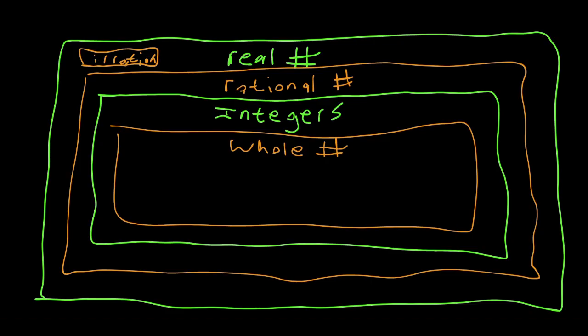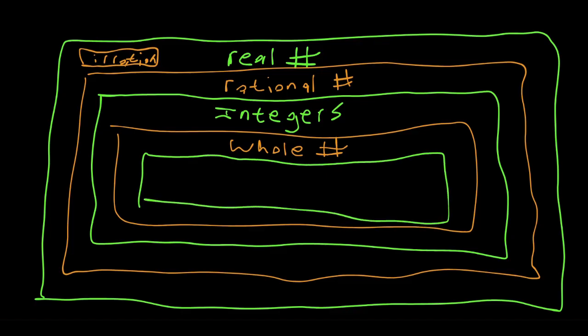All of the whole numbers are contained within integers, but integers have more than whole numbers. Then we have another box which contains all of the natural numbers.